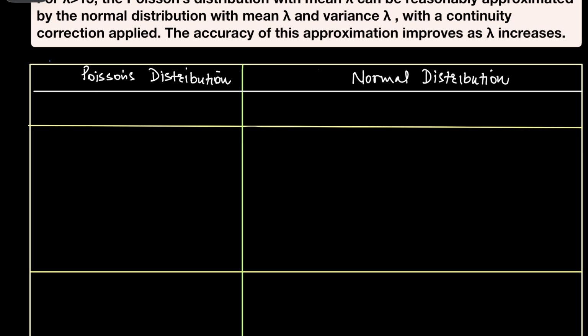In Poisson distribution, let's say x follows Poisson with mean equal to 24. In the case of Poisson to normal, we will write that y follows normal distribution with mean 24 and variance 24, because in Poisson distribution mean and variance are both equal.